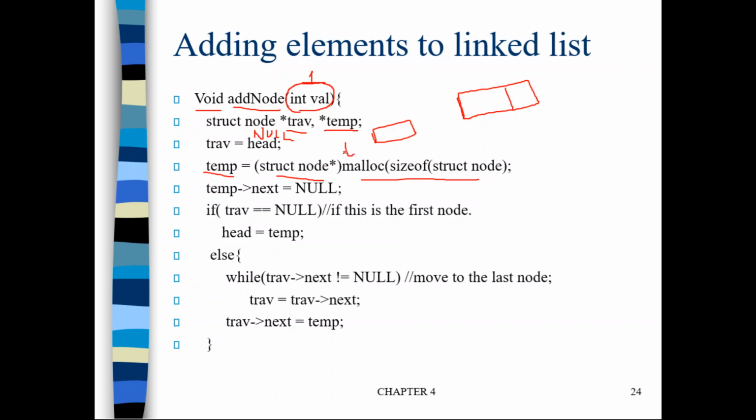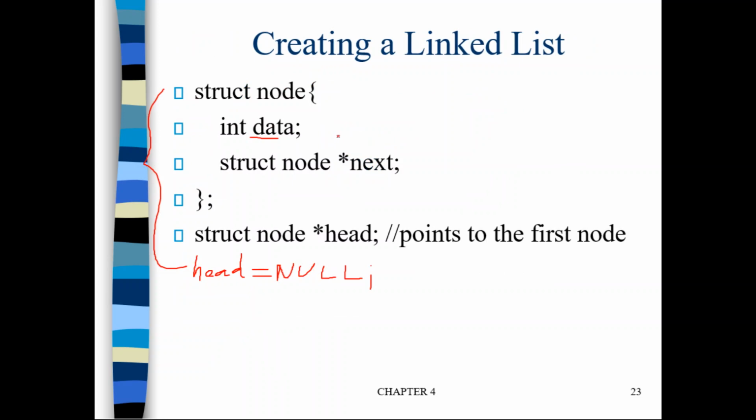Temp is a pointer. So this is the first node we are creating, and let us assume the starting address of this node is say 2000. It has 2 entries, a data part and a pointer part.